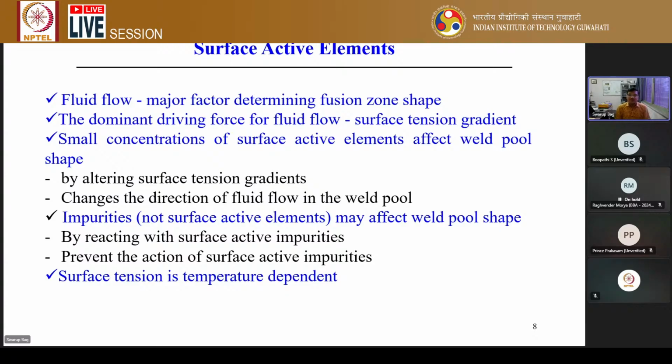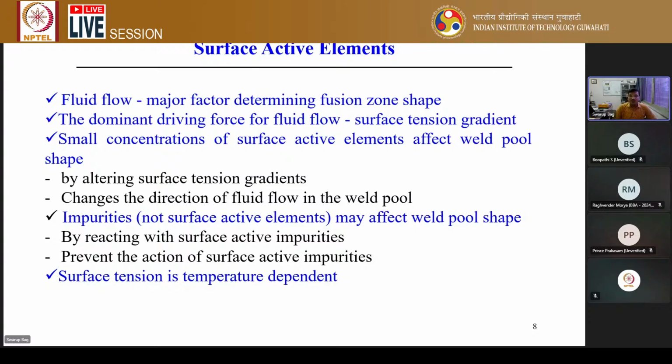And how can we measure surface tension, or how is it related? The surface tension gradient can change in the presence of surface active elements, so the gradient can go from positive to negative or from negative to positive.